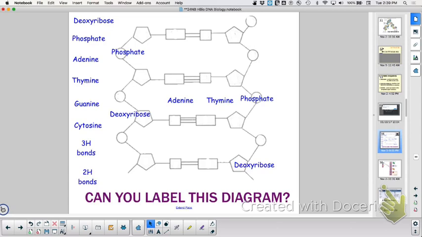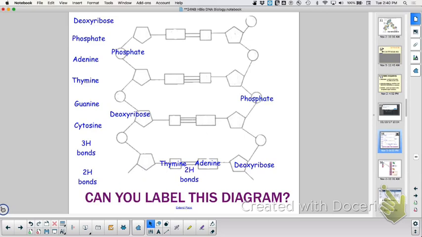Two. So it would either have to be this up here or this down here, right? Okay, so let's go with this one down here. Which one would be adenine? Which one would be thymine? The big rectangle is adenine. Why? It's a purine, two rings, and thymine would have to be here, right? And we could now label two hydrogen bonds.